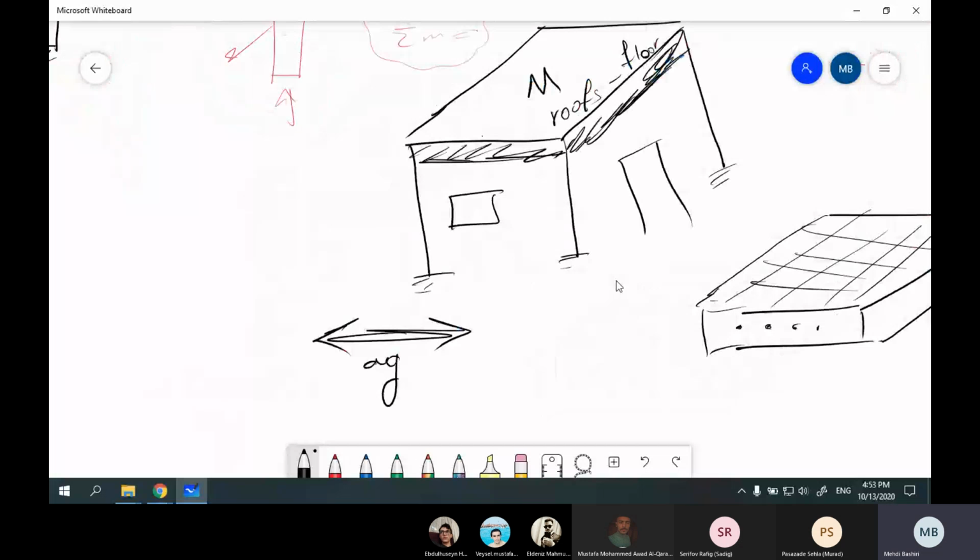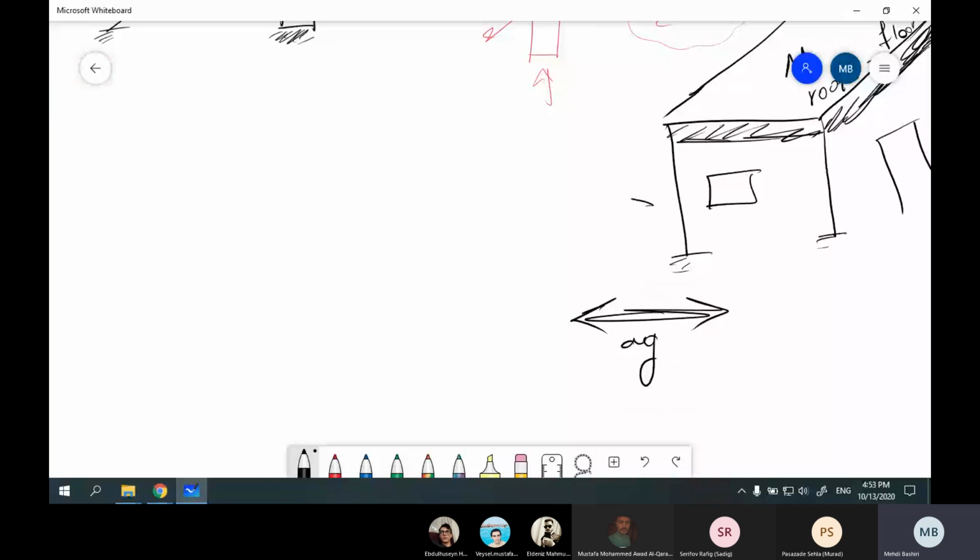So because of this, we have a model like this. To simplify this building, because it's not easy to model or analyze, we have to simplify this structure. How? There is a method we call lump mass.